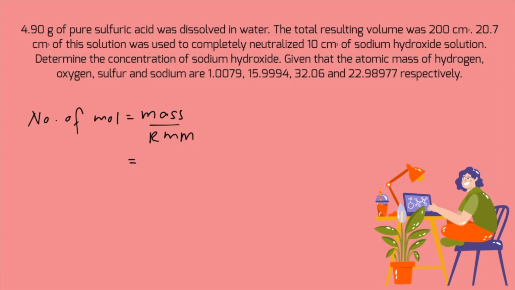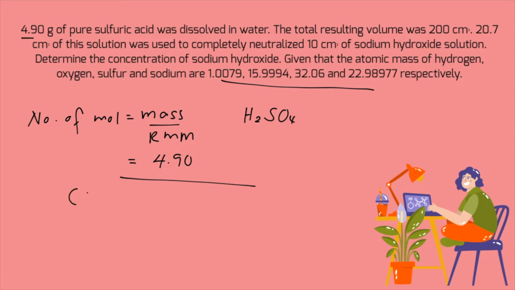From the question, you were given the mass. So the mass of the pure sulfuric acid is 4.90. So your mass will be 4.90. So you need to calculate the RMM for the sulfuric acid. So sulfuric acid is actually H2SO4. So by using the value given in the question, you can actually calculate the RMM.